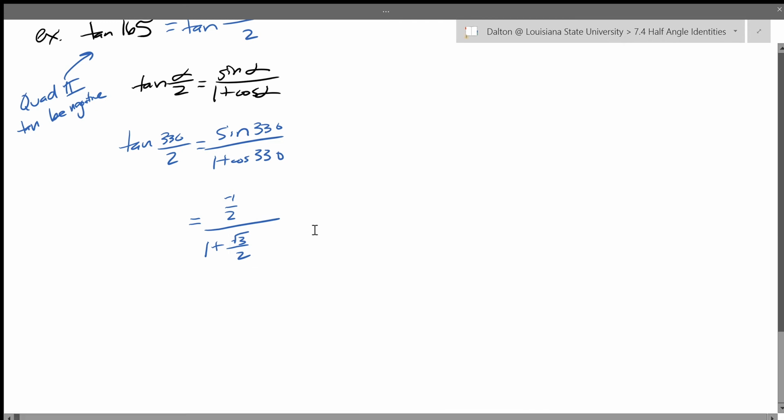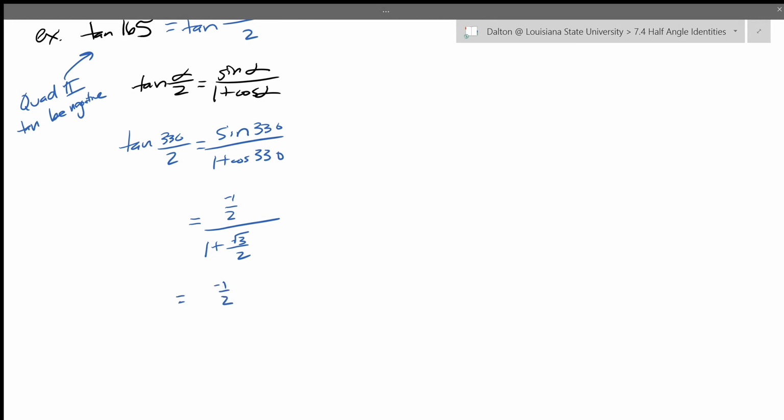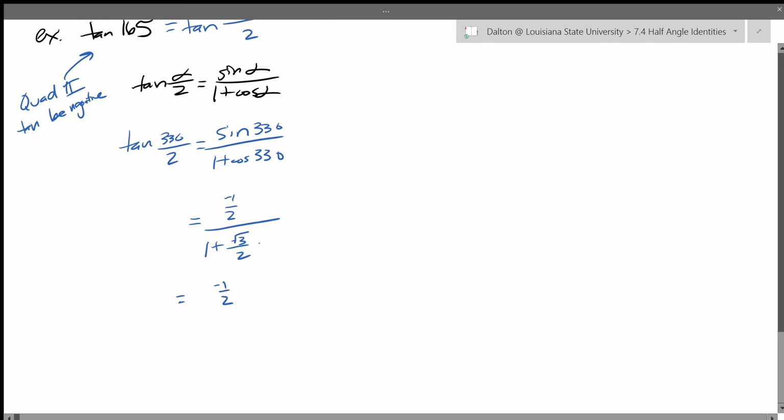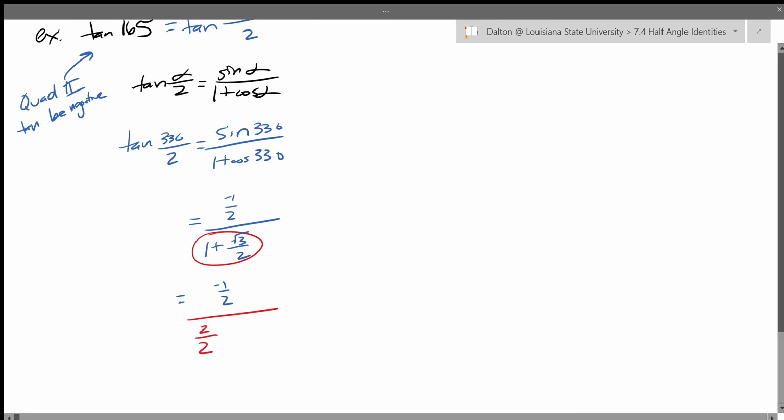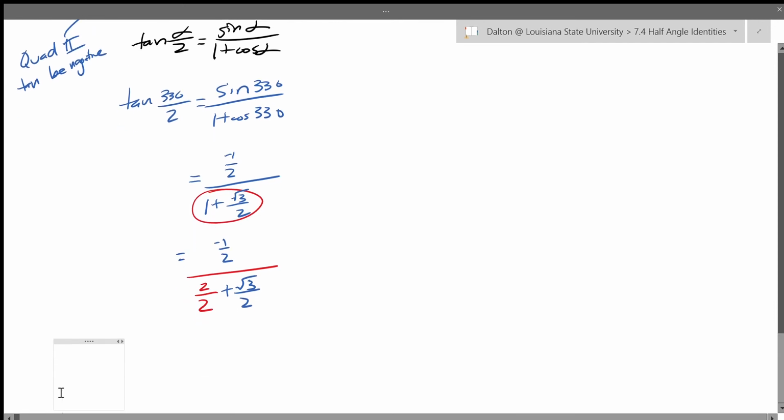So if I'm going to do that, I'm going to leave my numerator alone. It's going to stay as negative 1/2. But we're going to use the same tactic here as we did in a couple of the other examples. I want to actually be able to add those two fractions together. So if I give one a common denominator as the other number by just writing it as 2 over 2 instead, then when I have plus the square root of 3 over 2, I now have common denominators and can actually add them.